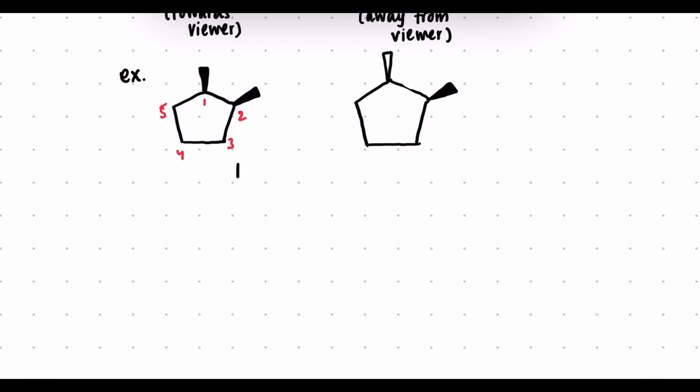So this would be 1,2-dimethylcyclopentane. Cyclo because it's a cyclic compound, and pentane because there are 5 carbons with no double bonds or triple bonds.